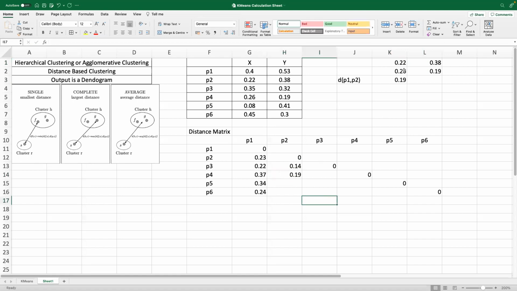P2 to P5 is 0.08, 0.41. We got 0.14. Right. This would be 0.45 and 0.41. So we got 0.3, right? Sorry, 0.24.